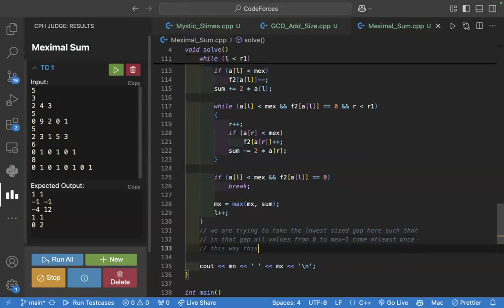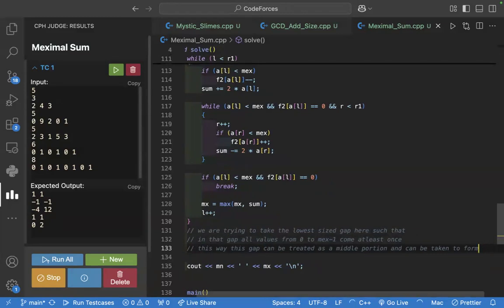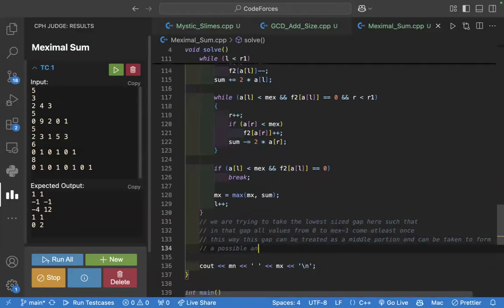This way, this gap can be treated as a middle portion and can be taken to form a possible answer. Clear? Dhruv, I hope this is clear with you also.